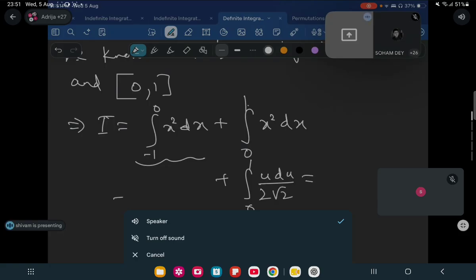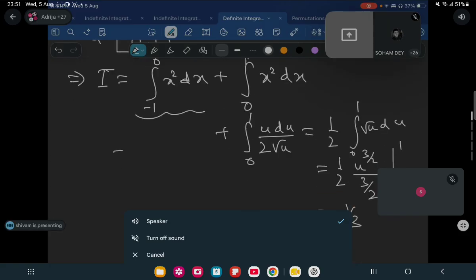This will become half outside, integral of root over u du, which will give us half u to the power 3 by 2 divided by 3 by 2. We need to substitute from 0 to 1, which will give us 1 by 3.